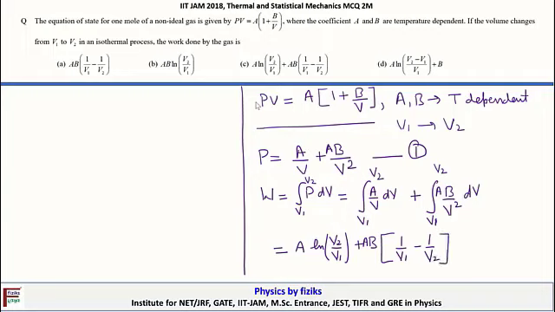So this is our final answer, and let's see which option it matches. It matches with option C: A ln V2 by V1 plus AB into 1 by V1 minus 1 by V2. So therefore C is the correct option here.